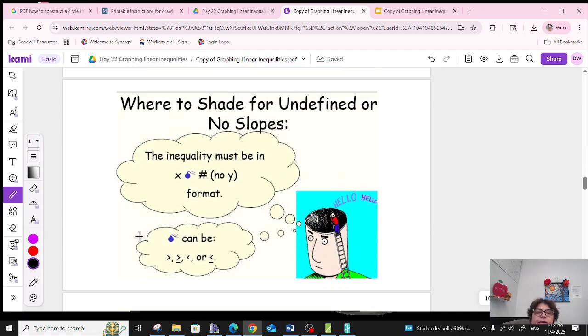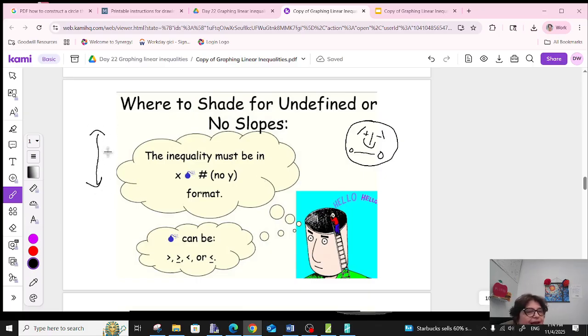Now, where to shade for undefined or no slopes? Because there's no up and down to shade, right here, this would be an undefined slope, right? If you remember, U stands for undefined, right? Which means straight up and down.